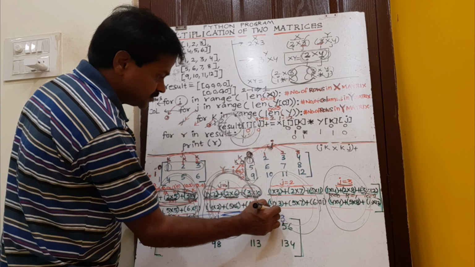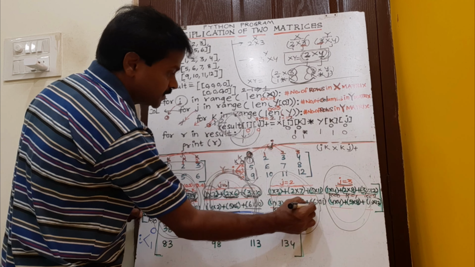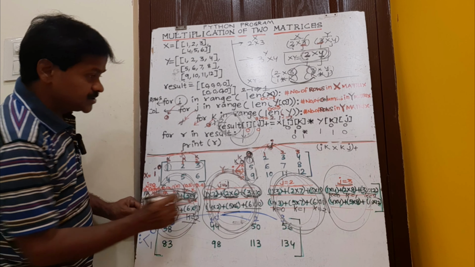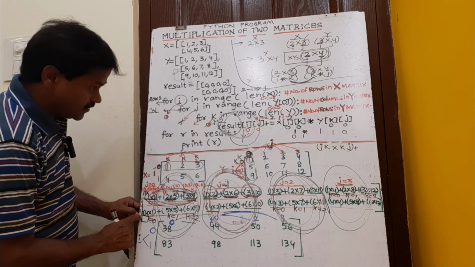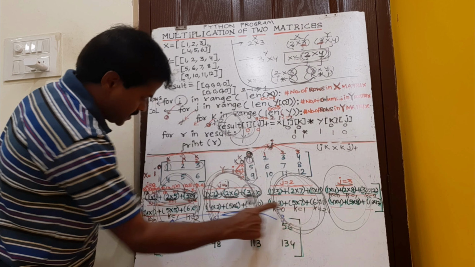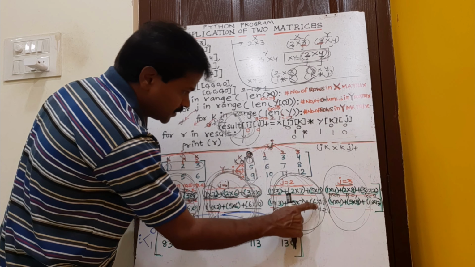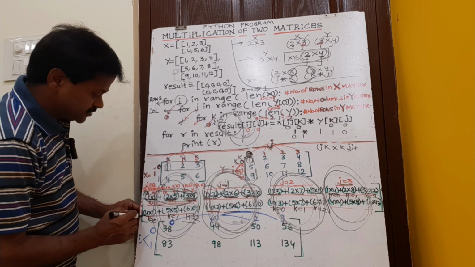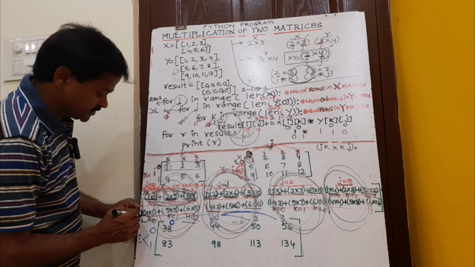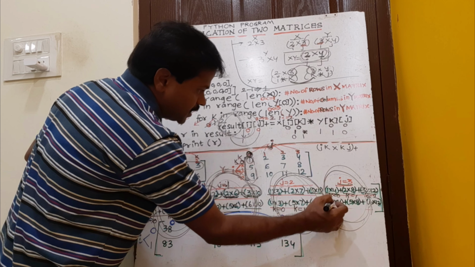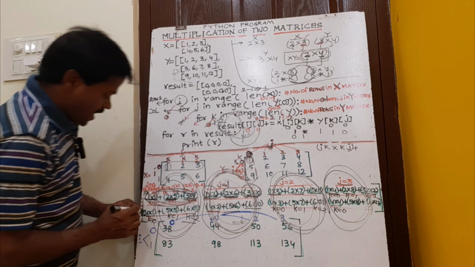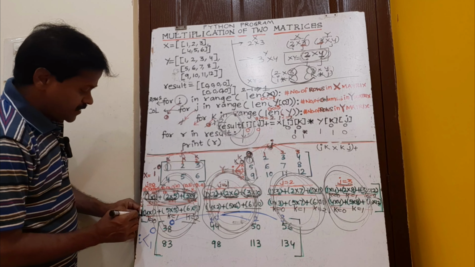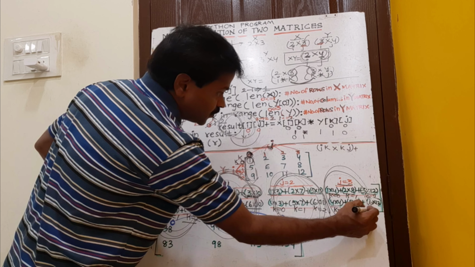Next, K0, K1, K2 in each column: I1, J2, K0; I1, J2, K1; I1, J2, K2. Next, second row, I1, J3, K0; I1, J3, K1; I1, J3, K2.